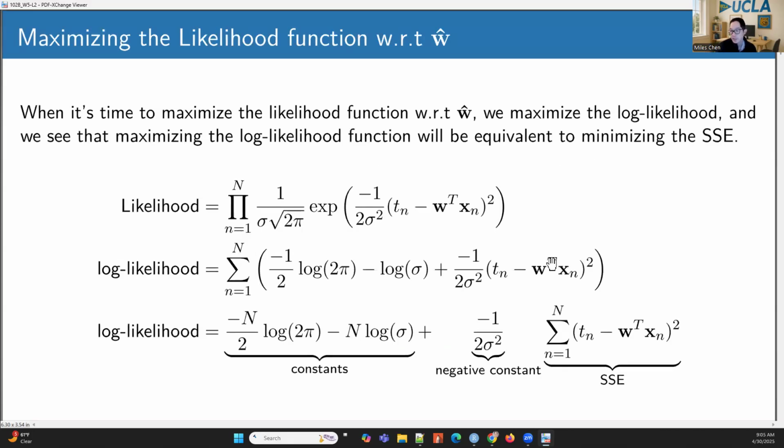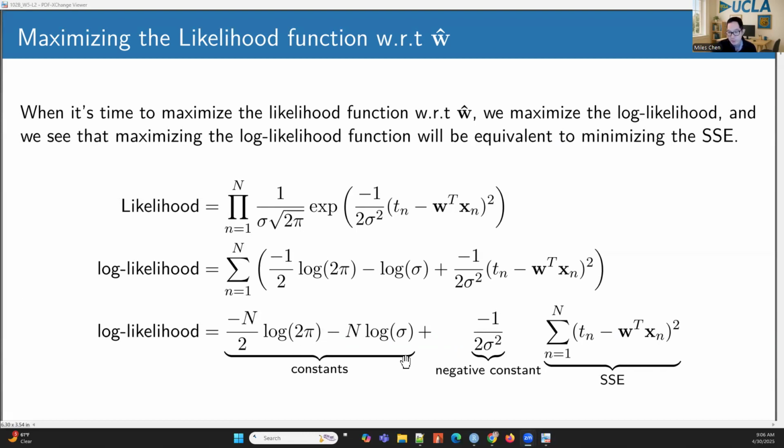We said that we are trying to maximize the likelihood function with respect to the weight matrix. When we take the log of this, and there's a negative here, we can see that maximizing the likelihood is equivalent to minimizing this term right here, which is the sum of squared errors.